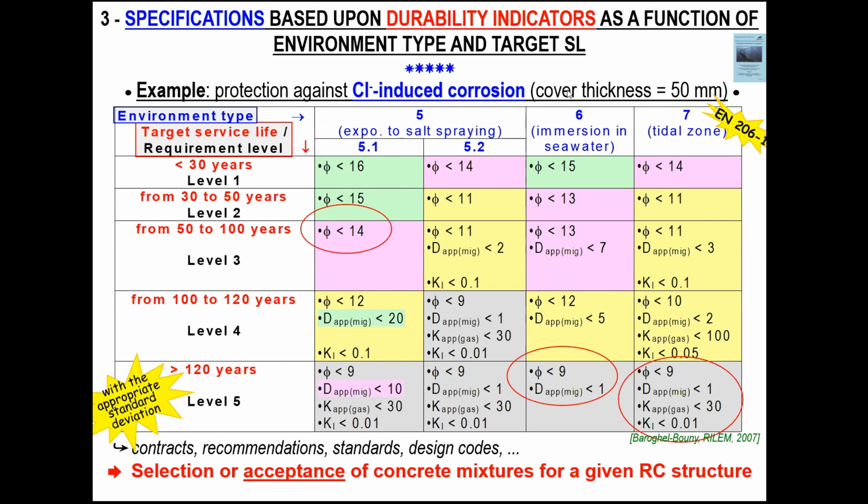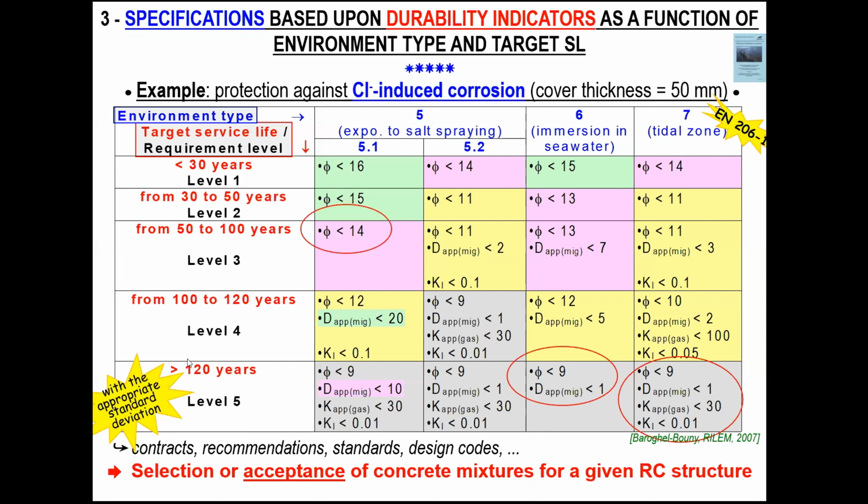So this is the example of durability indicators used for specification. Maybe I can go directly to the other part because this you are very familiar with. In this case, you will need not only selected durability indicators, but also the type of environment and the requirement level.